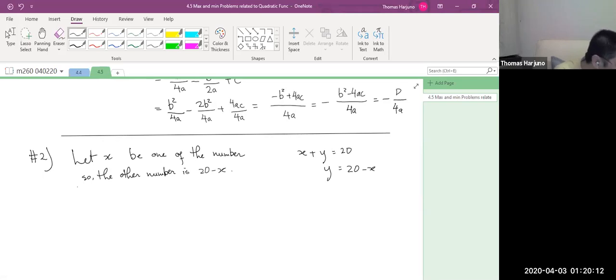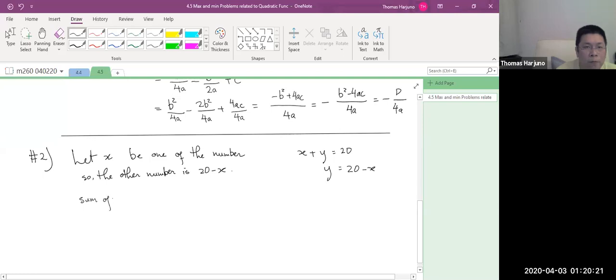Now then, we will find an expression for the sum of their squares. So the sum of squares will be the first number squared plus the second number squared.